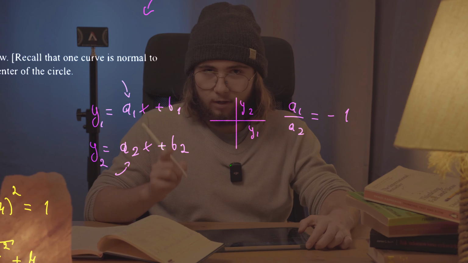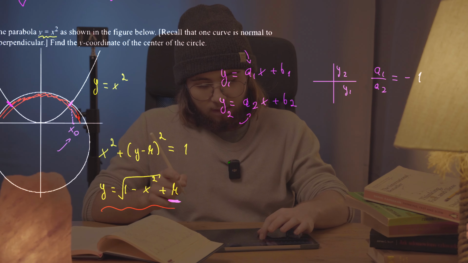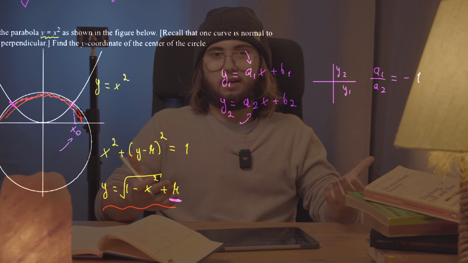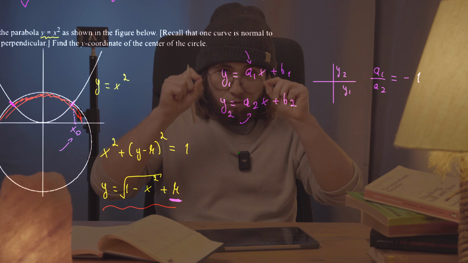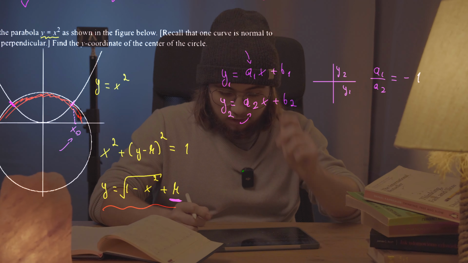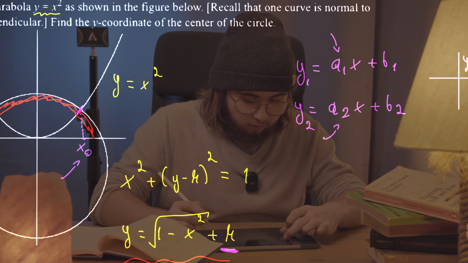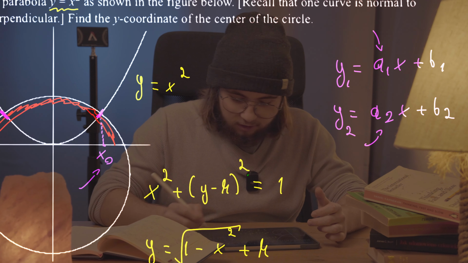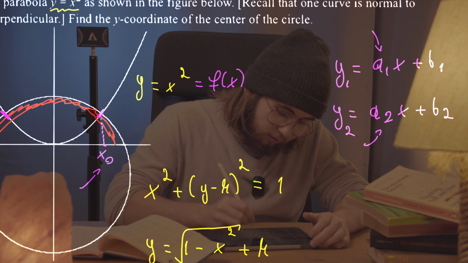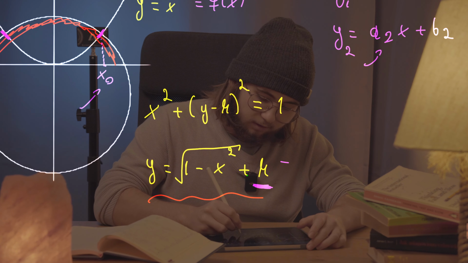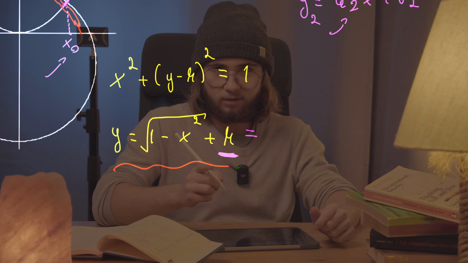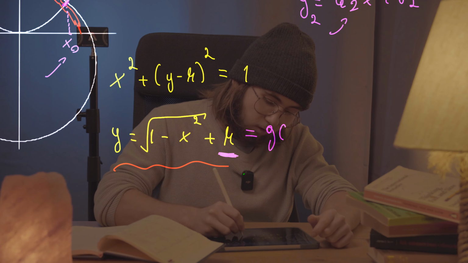And this is exactly what we are going to use in this problem, because what are the slope coefficients of lines tangent to curves? Well, those are the derivatives of the formulas describing those curves at a given point. So let me use it. First of all, I am going to denote this x squared function as f of x, just for consistency's sake, and this equation describing the upper part of the circle as some g of x.